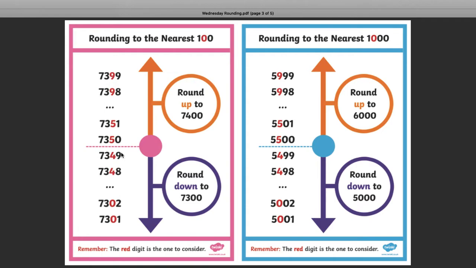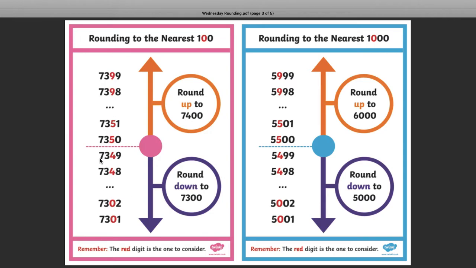Now, when you're rounding to the nearest 100, you don't look at the last digit anymore. You look at the tens column. If the number in the tens column is 4, 3, 2, 1, or 0, we're rounding down.